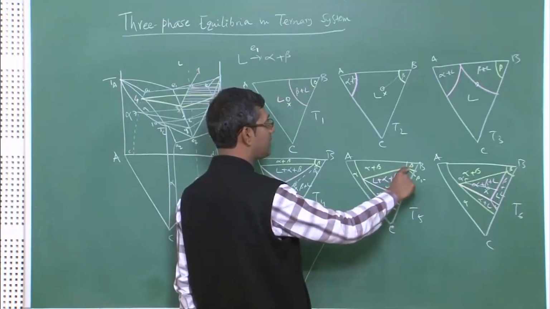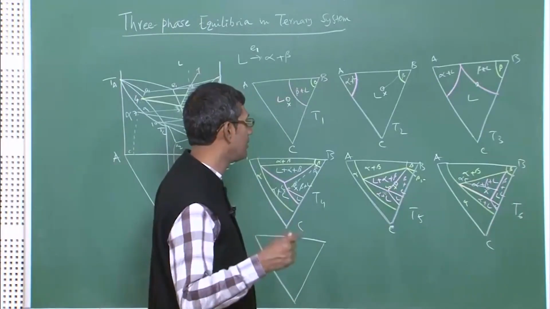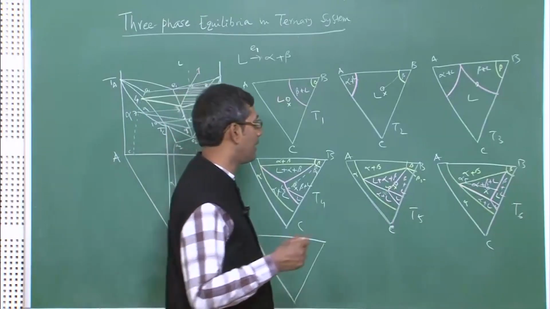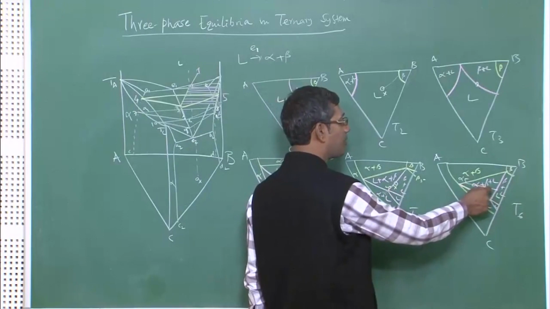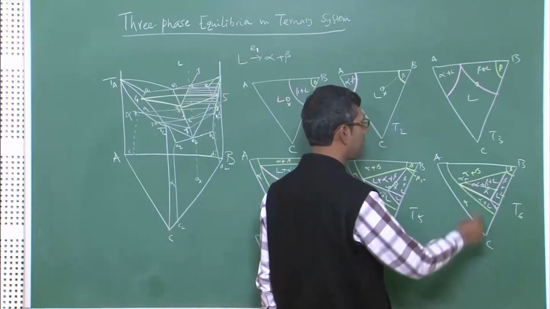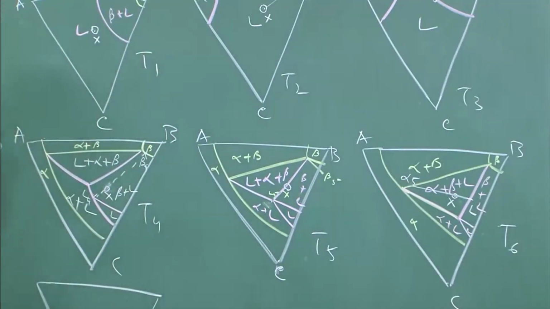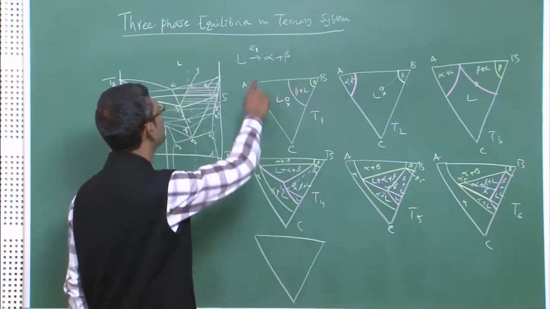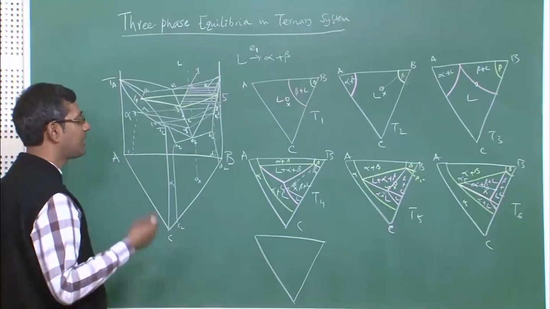So, it is still precipitating beta, it is not yet precipitating alpha, but thermodynamically it can start forming alpha. Now, at T6 this alloy composition point moves inside the three phase triangular region, and there it can precipitate alpha. So, what does that mean? It means that at this temperature the eutectic reaction is happening, leading to formation of alpha, and beta will obviously precipitate, beta was precipitating earlier also.